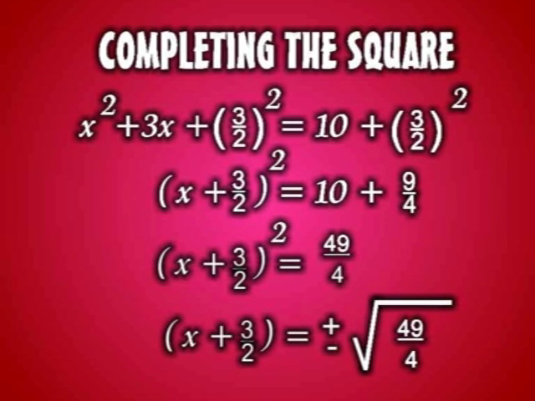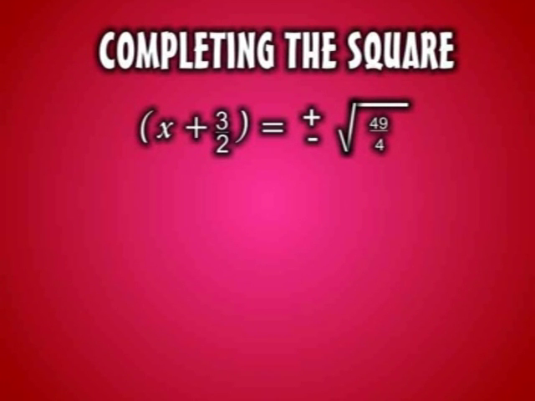x plus 3 over 2 is therefore equal to the square root of 49 over 4. But remember that the square root of something can always either be negative or positive. Negative 3 squared is equal to positive 9. Positive 3 squared is also equal to positive 9.